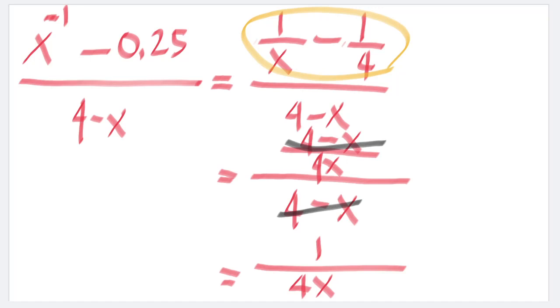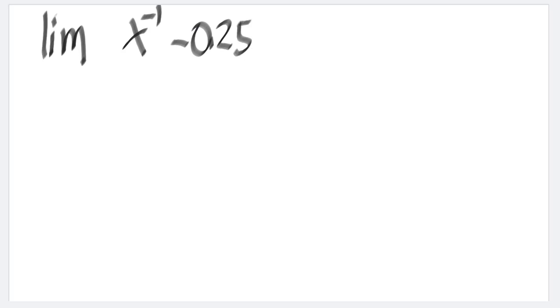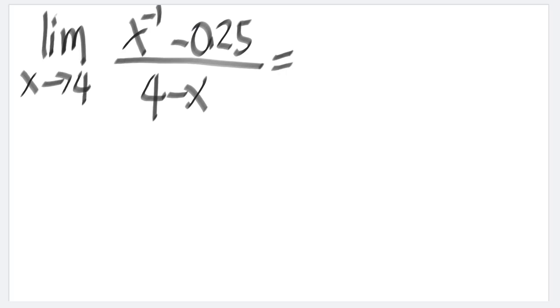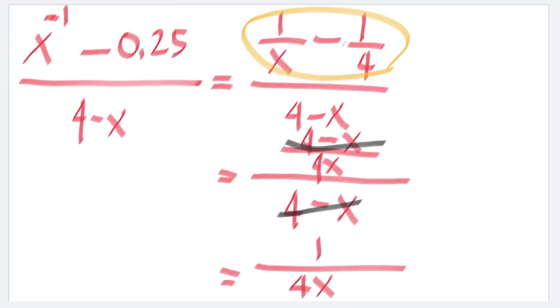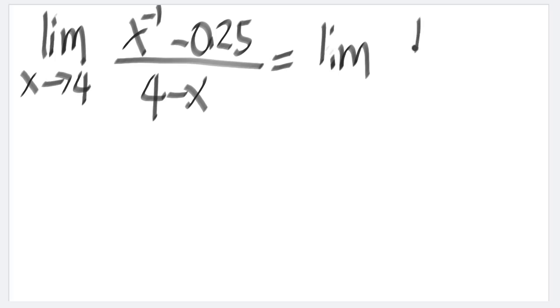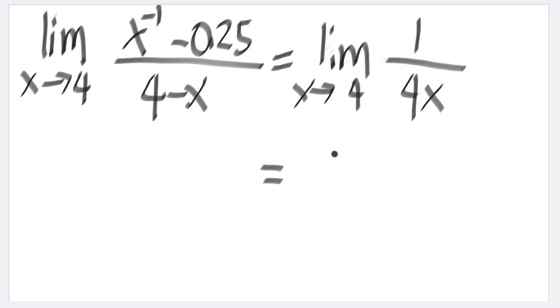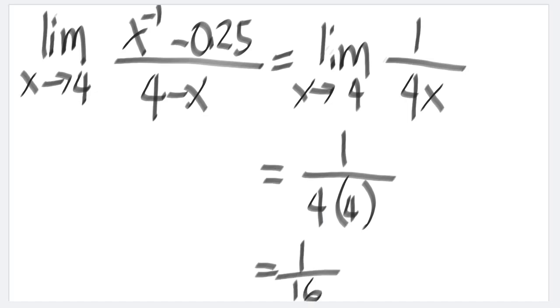So therefore, here, the limit of x raised to negative 1 minus 0.25 over 4 minus x as x approaches to 4 is equal to the limit of the resulting function after factoring, 1 over 4x, the limit of 1 over 4x as x approaches to 4, and that is equal to, you just have to substitute 1 over 4 times 4, and it is 1 over 16.